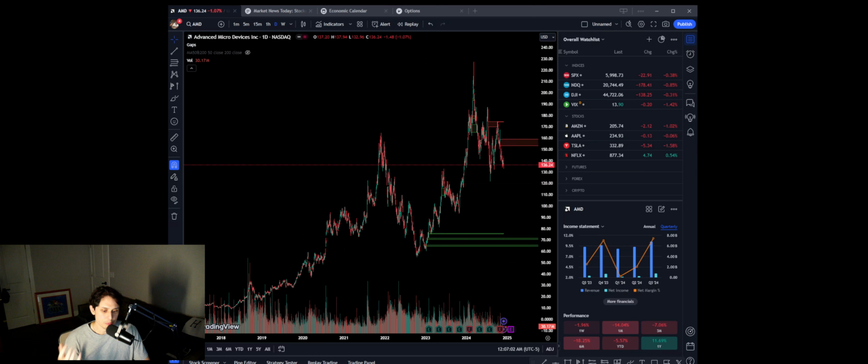Then you have this value area low and a value area high. So the majority of the business on the S&P 500 was done between $300 and $475, and then the point of control is right around $411. So that's the fair value just from a volume profile perspective. And you can see here, since we have been breaking to the upside, there's less volume here because there was no volume in the past at those prices.